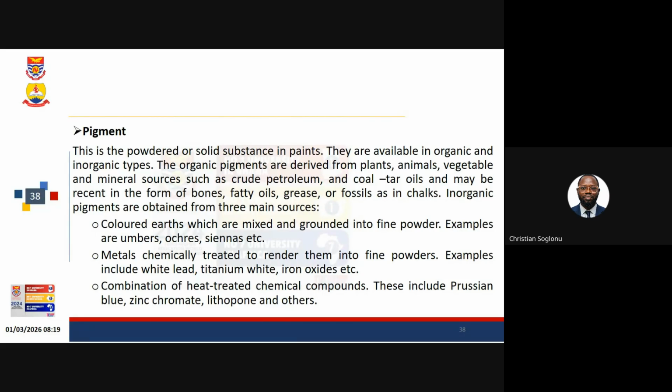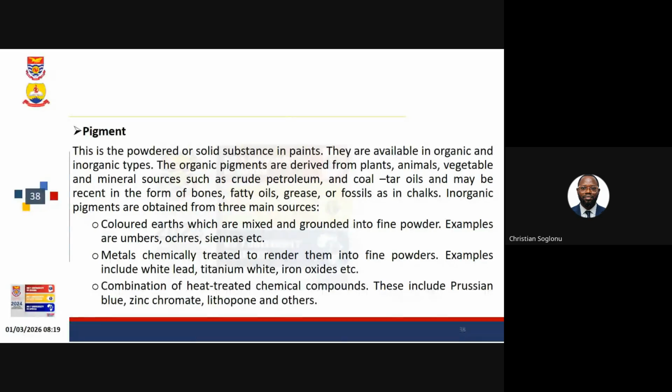Examples include white lead, titanium white, and iron oxides. Combinations of heat-treated chemical compounds. These include Prussian blue, zinc chromate, lithopone, and others.